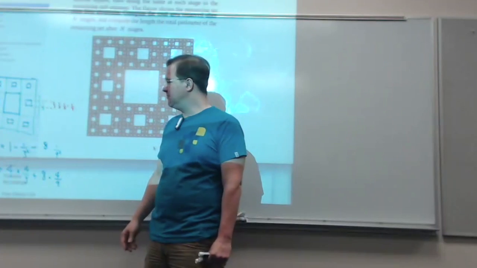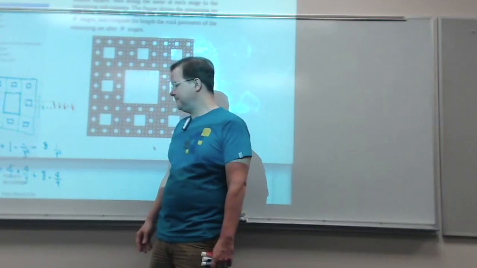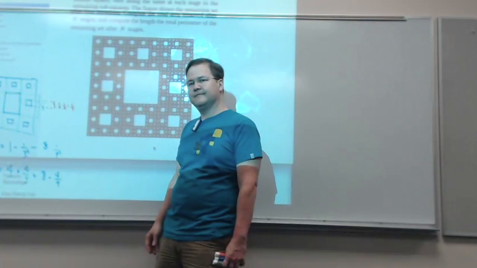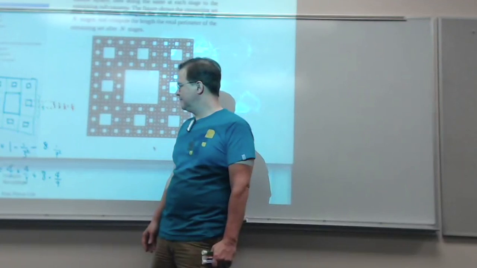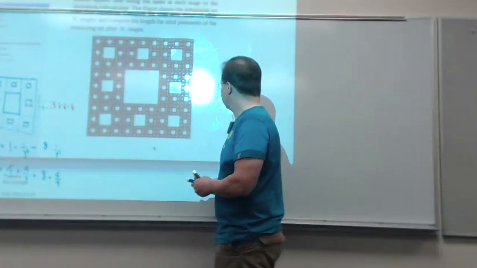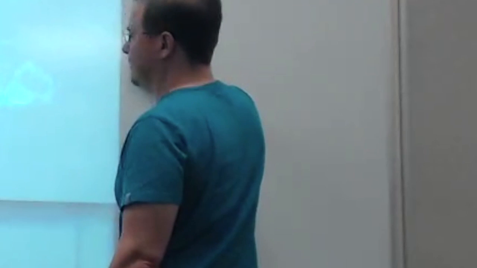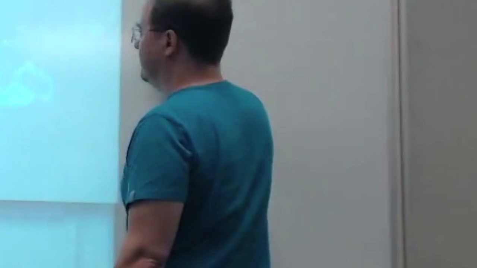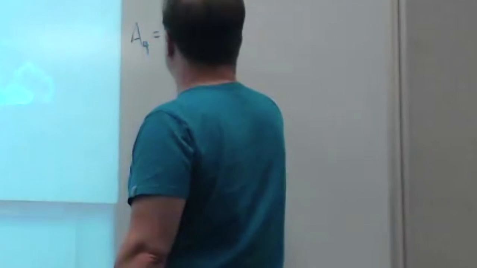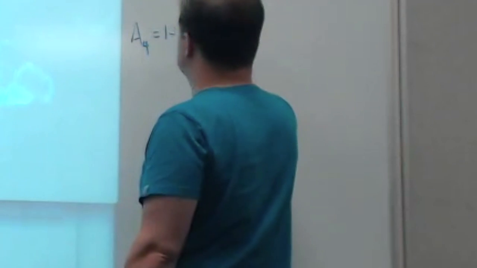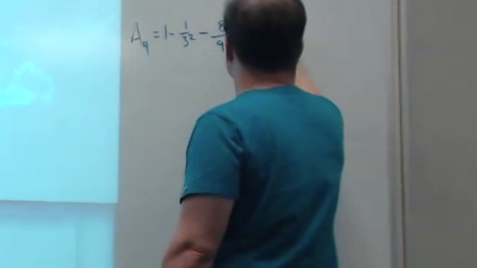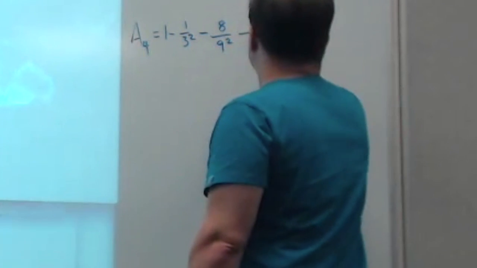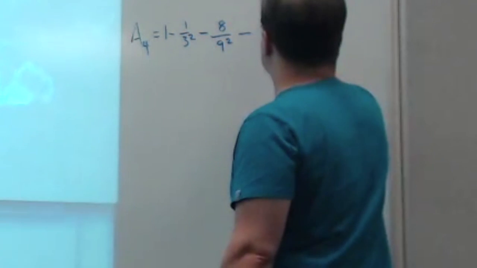Yeah, but I'm not tracking with the big 8. How does that fit into a geometric series? Like, if I say my r is 1 over 3 squared. So you're saying A4 can be 1 minus 1 over 3 squared minus 8 over 9 squared minus 64. Maybe I should leave it as 8 squared. How about that?